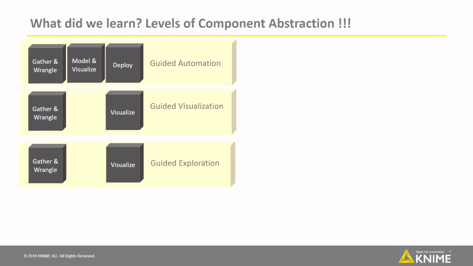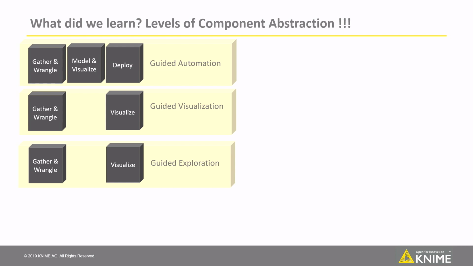Within those blueprints, they are using the next level of components. Every single one of them is using gather and wrangle components, and they're all using various types of deploy and visualize components. That's great. Only the machine learning one actually uses the modeling components. But that's okay. You start seeing the high-level abstraction.